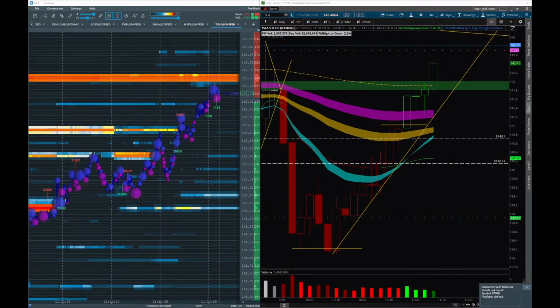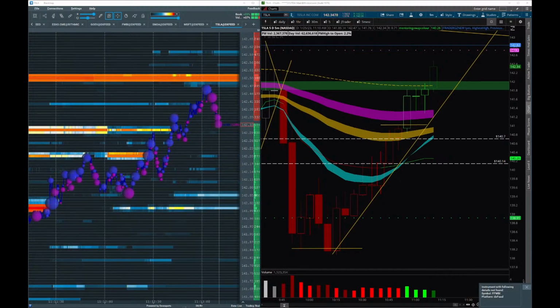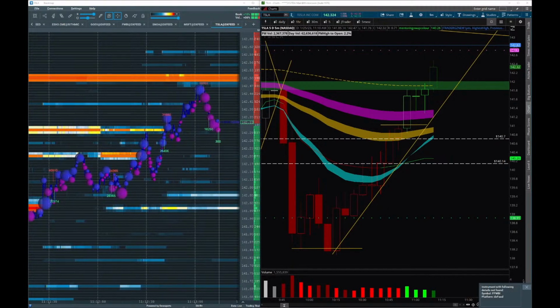Now 142.50 is going to go to that 143. We didn't have a consolidation, just breaking out and pushing.